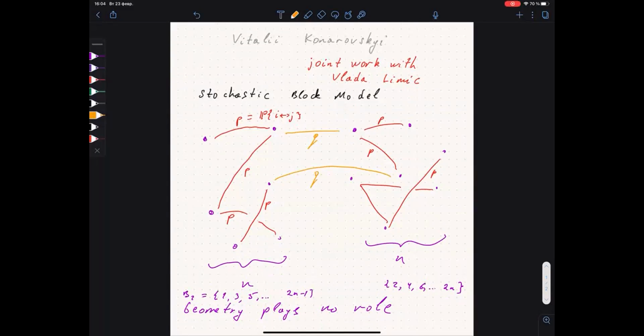Okay. Our goal is the investigation of the scaling limit of the graph as the number of vertices goes to infinity and the probability that edges appear goes to 0.